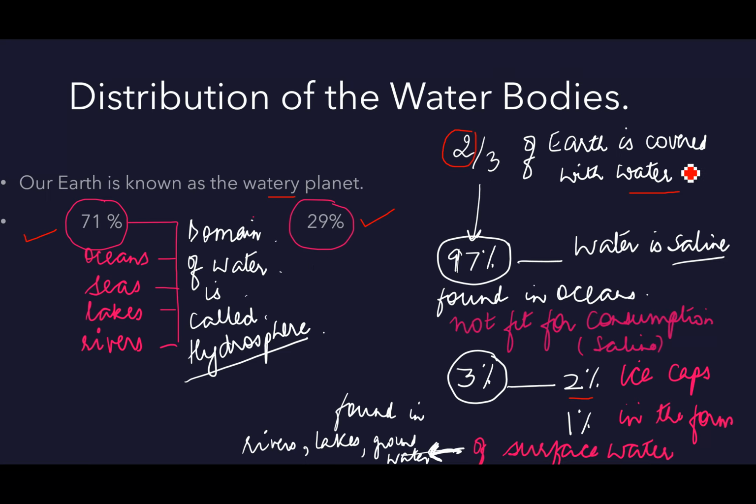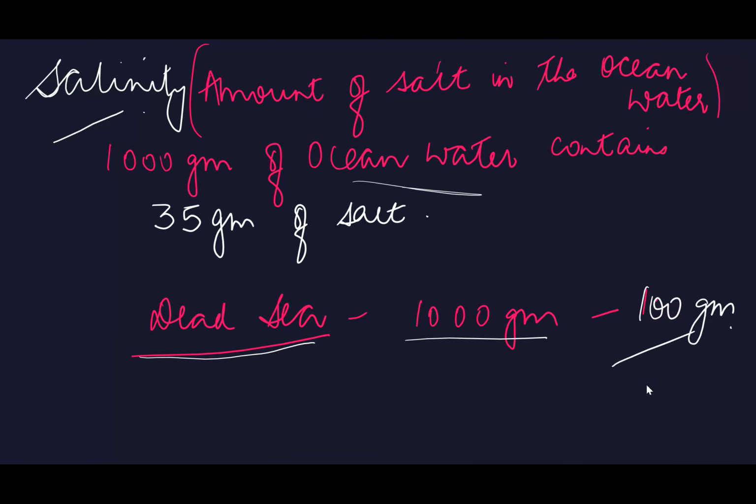Two-thirds of the earth's surface is covered with water. 97% of the water is saline, found in oceans, and 3% is fit for consumption, of which 2% is in the ice caps and 1% in the form of surface water.